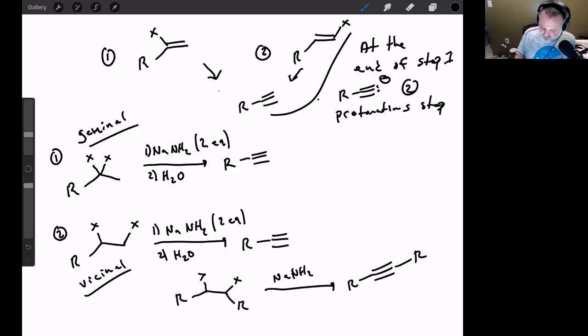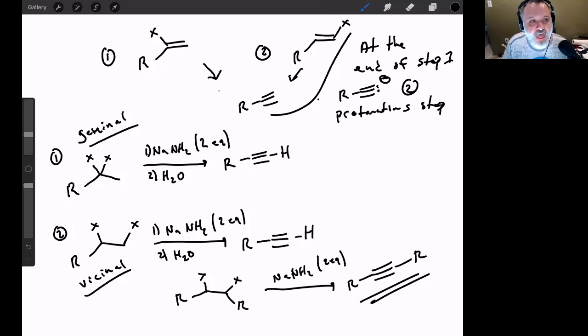The reason I don't need the protonation step is that the acidity of alkynes only happens if there's a proton that's acidic. If I form an internal alkyne, there are no protons attached to it, so therefore it can't act as an acid. It has to be terminal in order to form an alkynide ion. And so that's going to be a synthetic consideration. You can't use an internal alkyne to form an alkynide ion and then add it to another carbon chain that has a good leaving group.